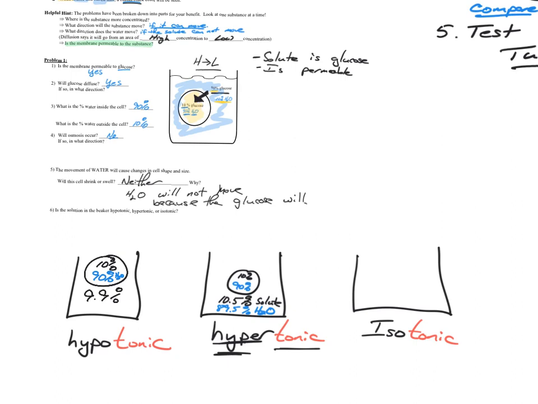And what is the water then if it's 9.9%? 90.1% H2O. So whatever it is, hypotonic means the solution is less than what's inside the cell. Hypertonic means it's higher than what's in the cell.